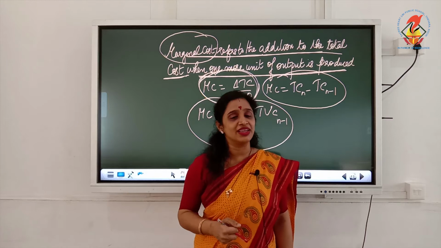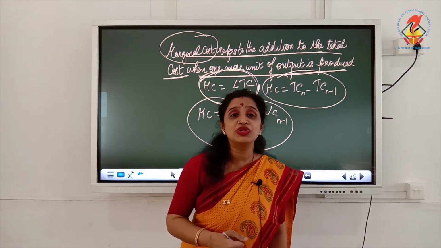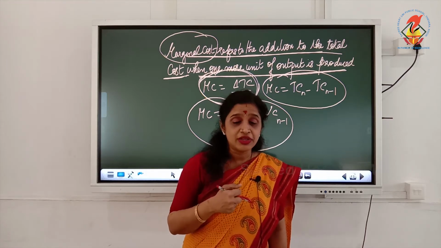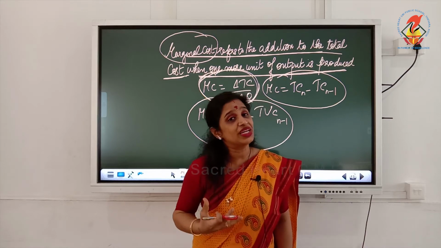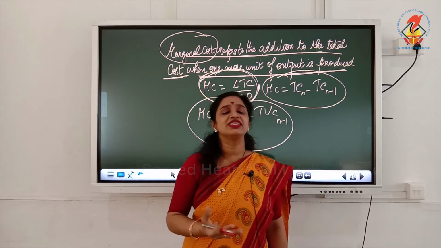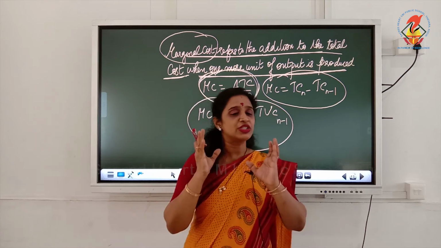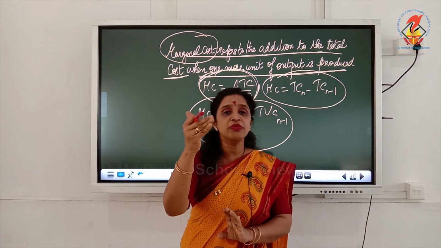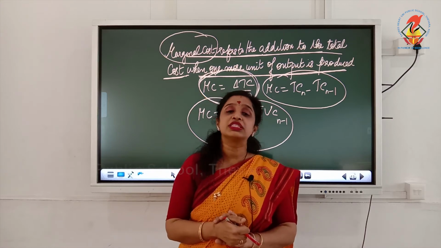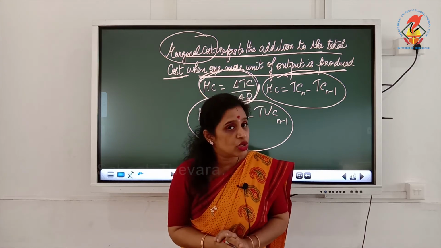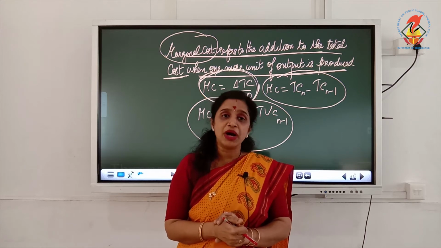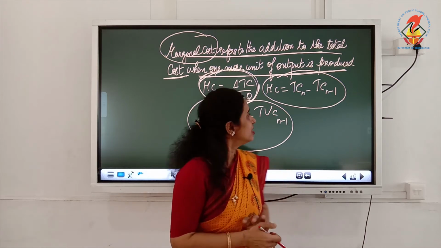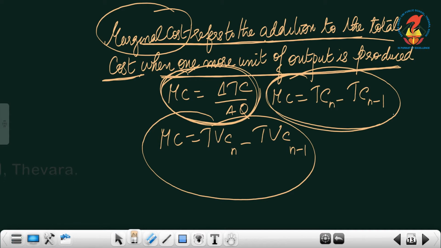So similarly, MC is also equal to TCn minus TCn minus 1. Just as what you have done for marginal utility and marginal productivity, the same can be applied for marginal cost. So MC is equal to TCn minus TCn minus 1. That is what I have written here.